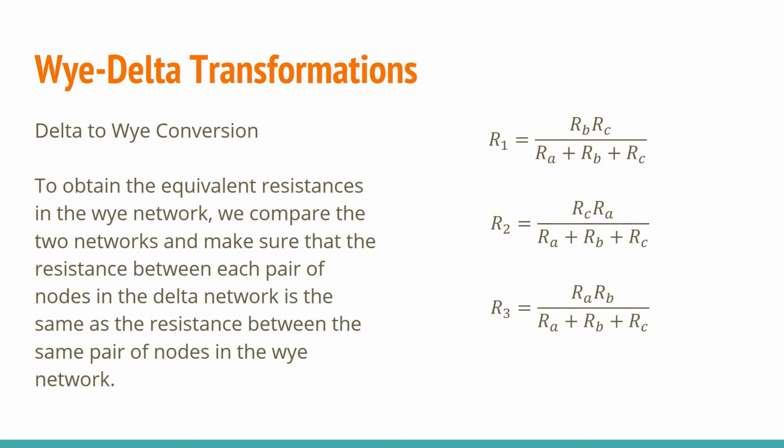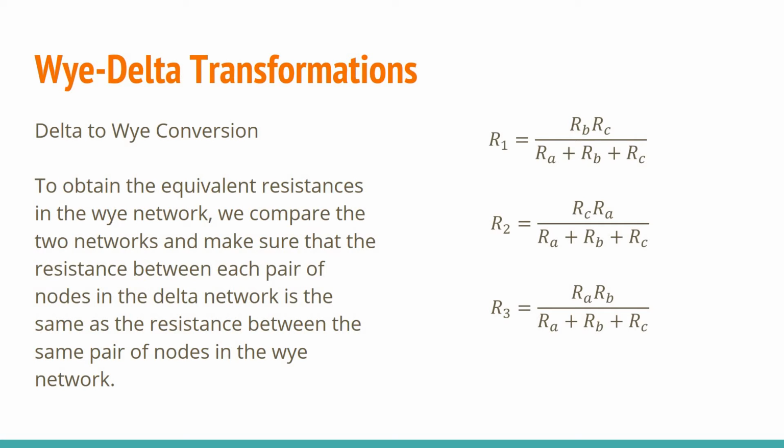Okay, so, delta to Wye conversion. Kaning mga equation sa right side, muna siya ang formulas to convert delta network to Wye. Delta network to Wye network. Okay. So, kaning R1 equal to RB, RB multiplied to RC divided by total resistances sa delta.